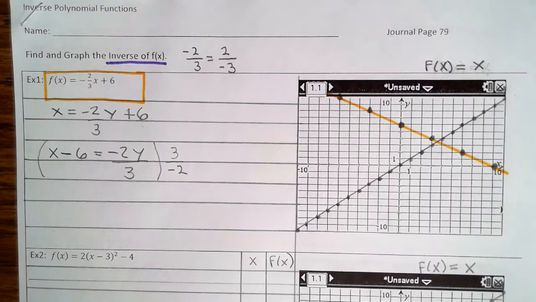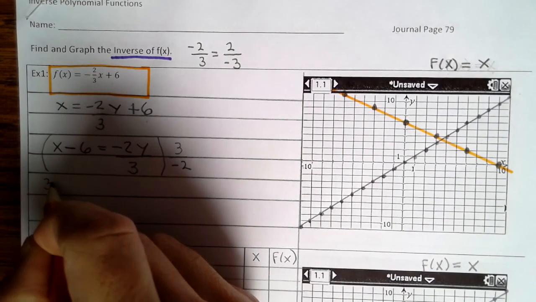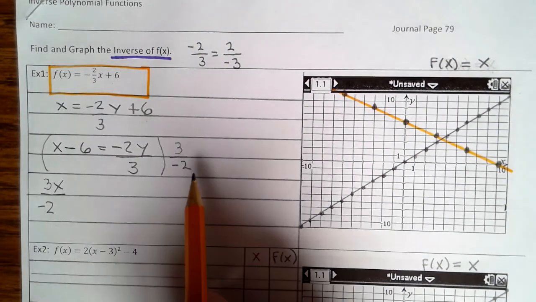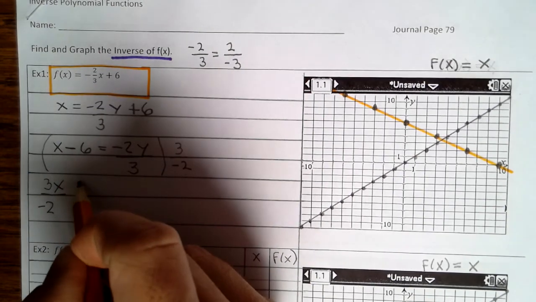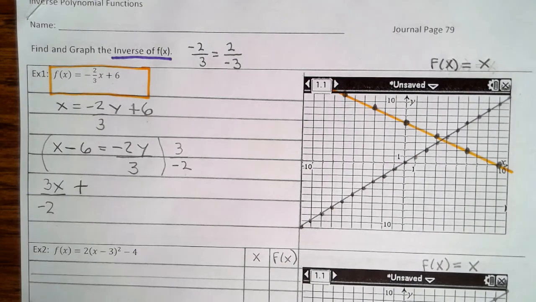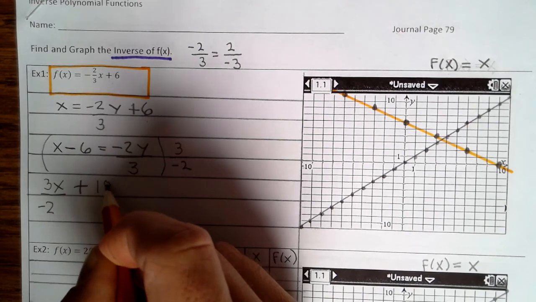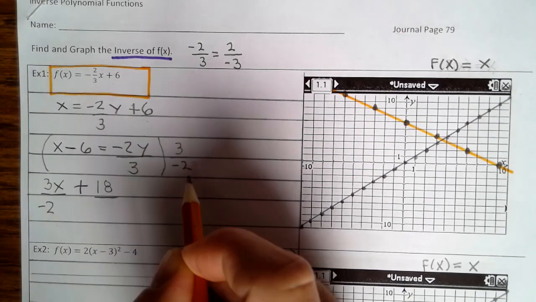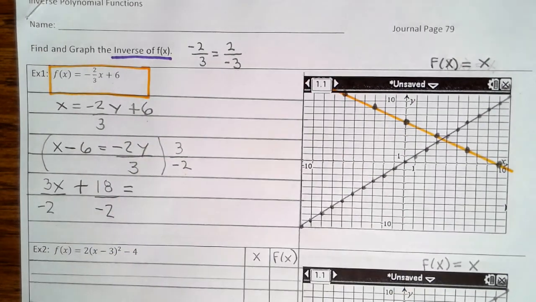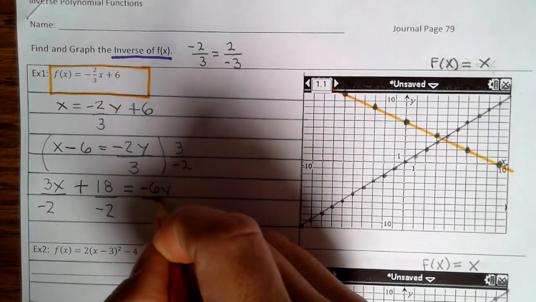Okay, so then that's 3x divided by negative 2. Now a negative times a negative is a positive. Okay, so 6 times 3 is 18 divided by negative 2 equals 3 times negative 2 is negative 6y divided by negative 6.